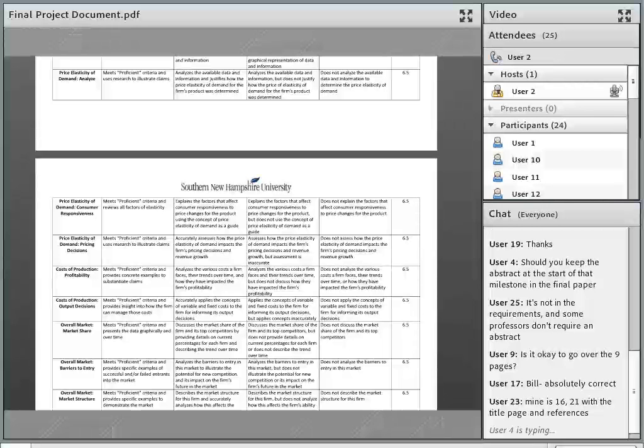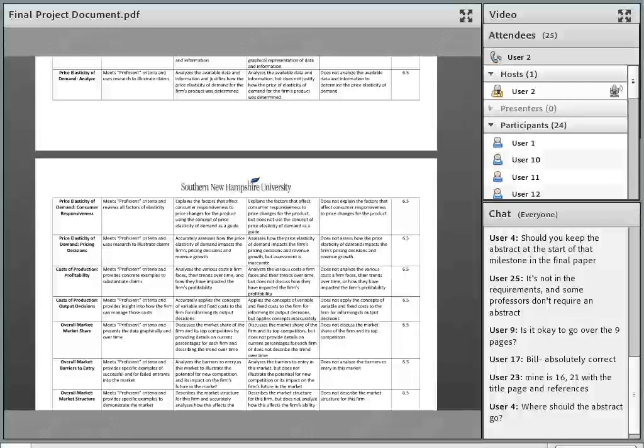So if you're worried about length, if you're getting over 15 pages, and you're worried that that's going to negatively impact your paper, I would talk with your instructor about it. But anything between 9 and 15 pages, once you add in all the citations and any graphs and visuals, I think that's pretty standard.